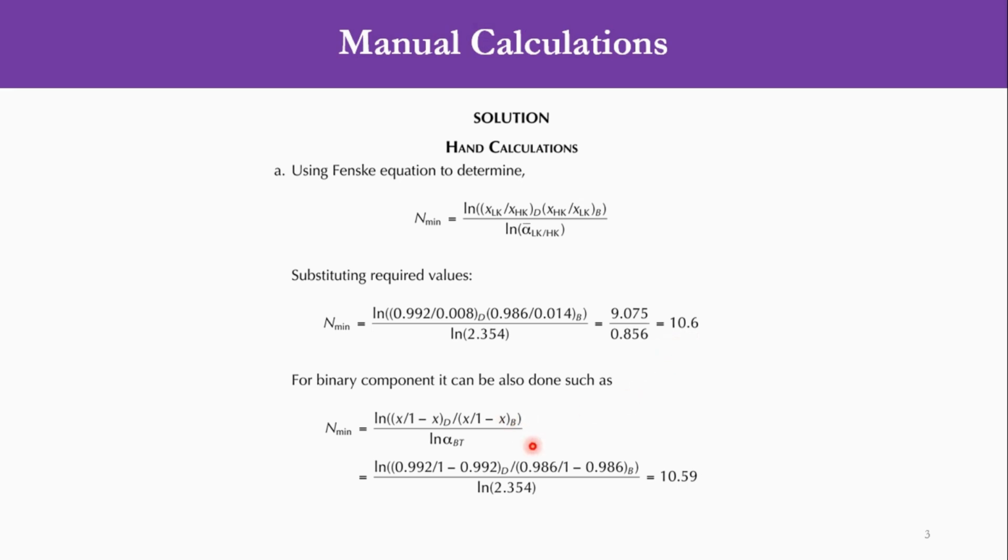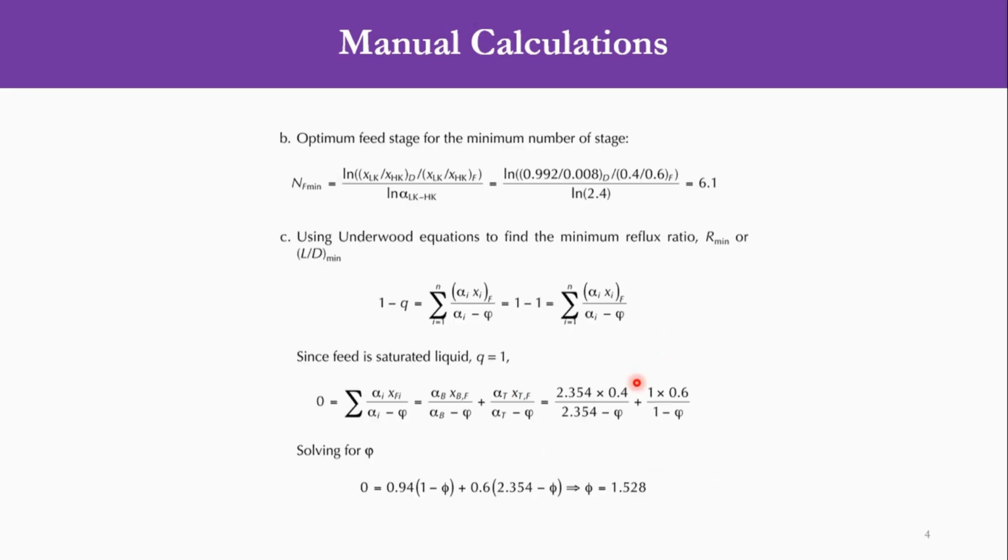There is another formula that almost gives the same answer. Then we need to find out the optimum feed stage, which is natural log of x of L key. This is the same correlation which is used in the minimum number of stages, x of L key divided by x of HK in distillate.